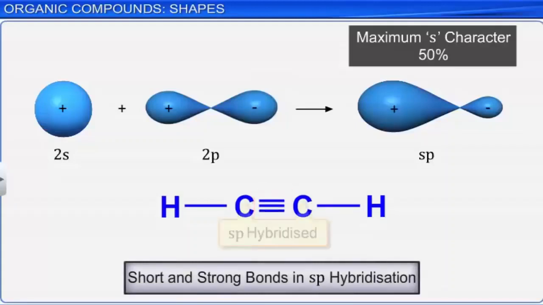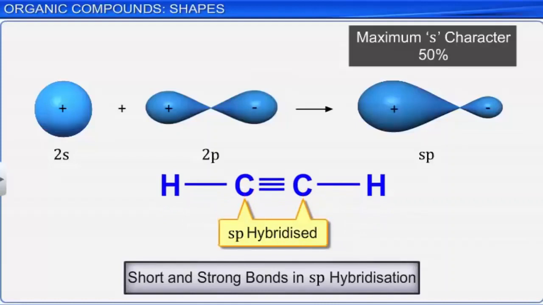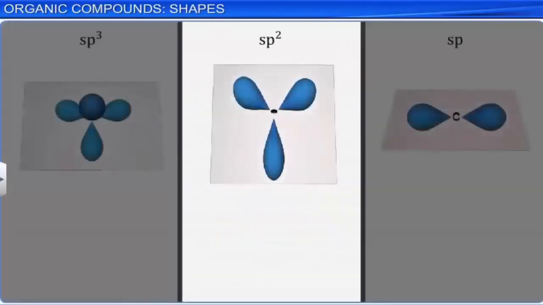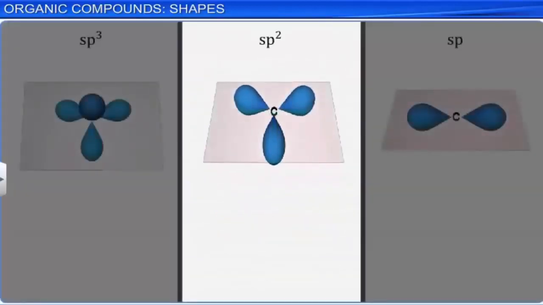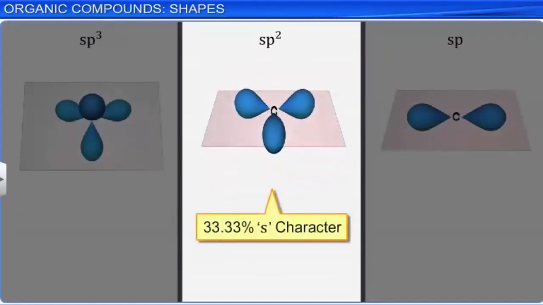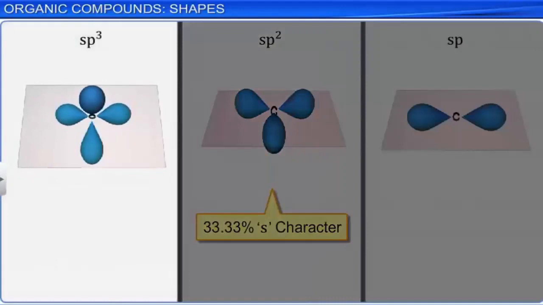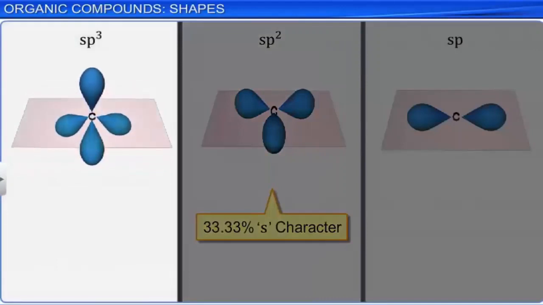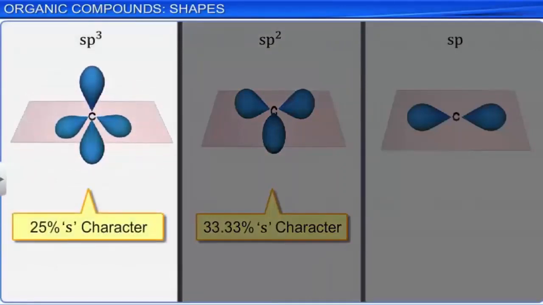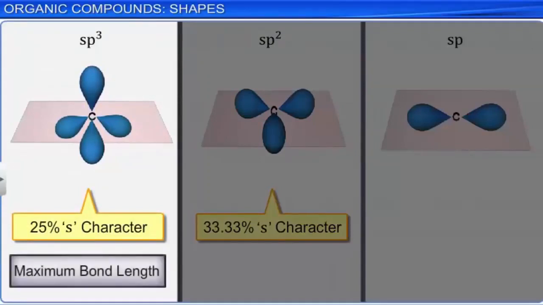In sp2 hybrid orbital, the s character is 33.3%, and in sp3 hybrid orbital, the s character is only 25%. Hence, the bond length is more in case of the bonds formed by sp3 than sp2 hybrid orbitals, and least in case of the bonds formed by sp hybrid orbitals.